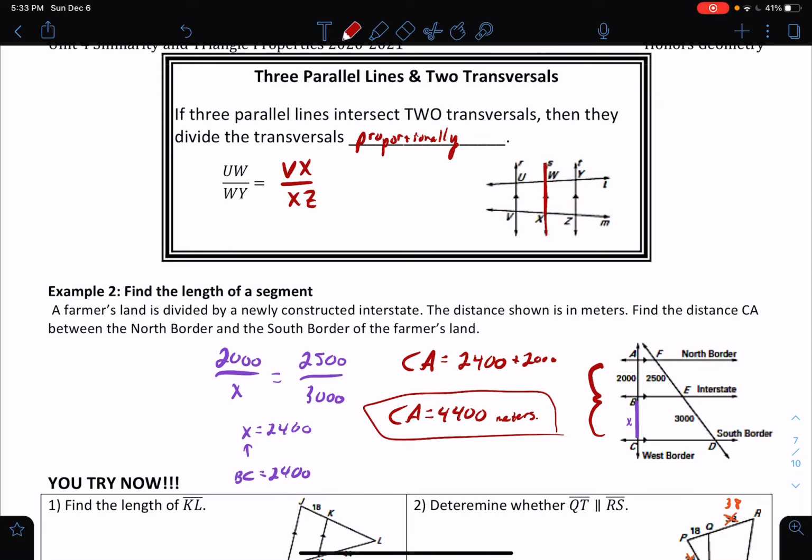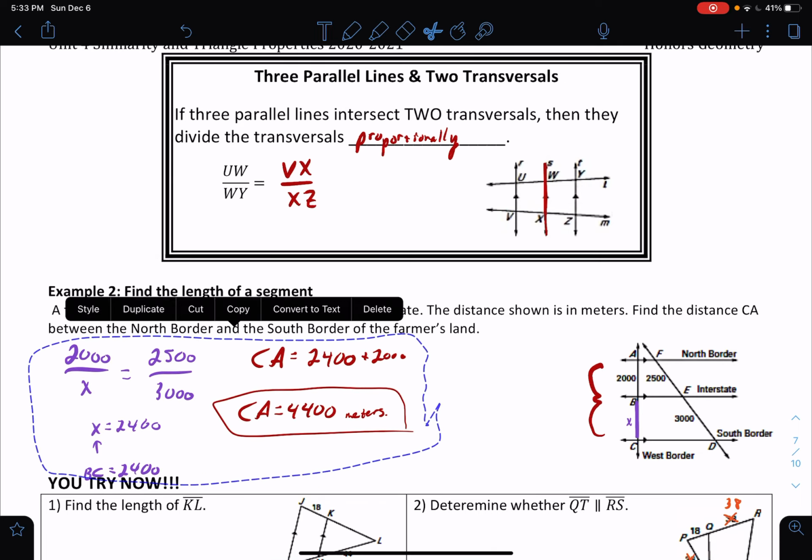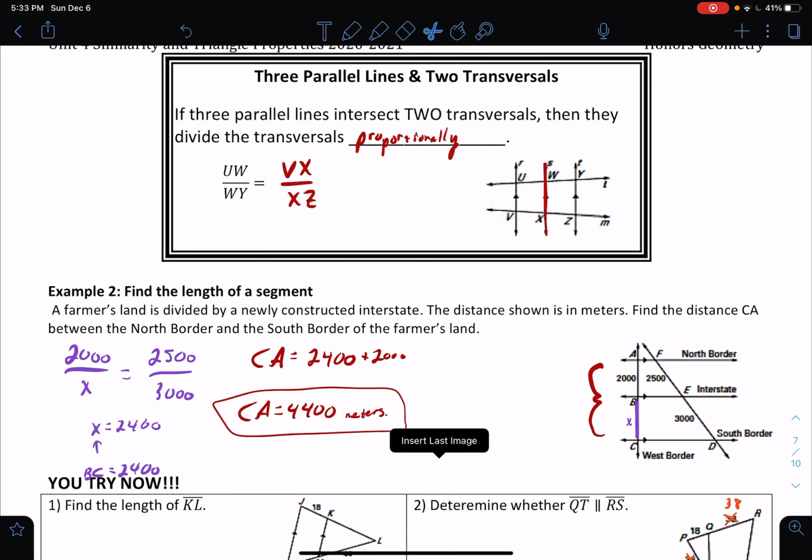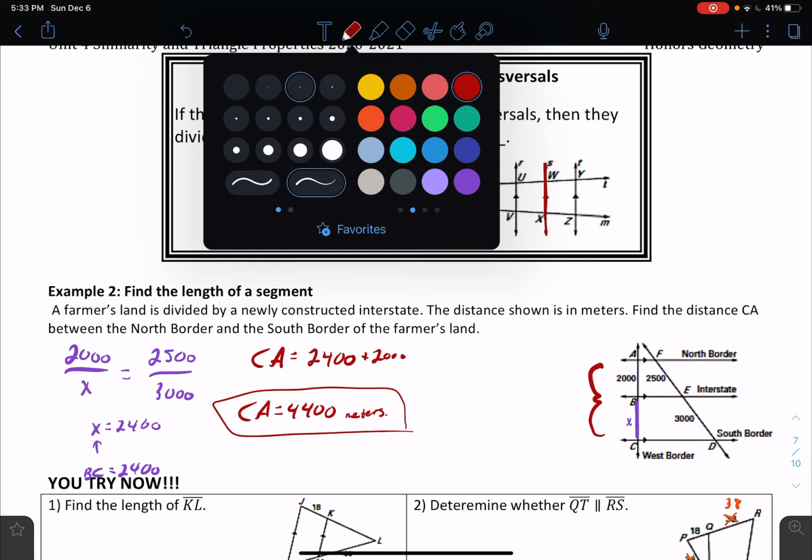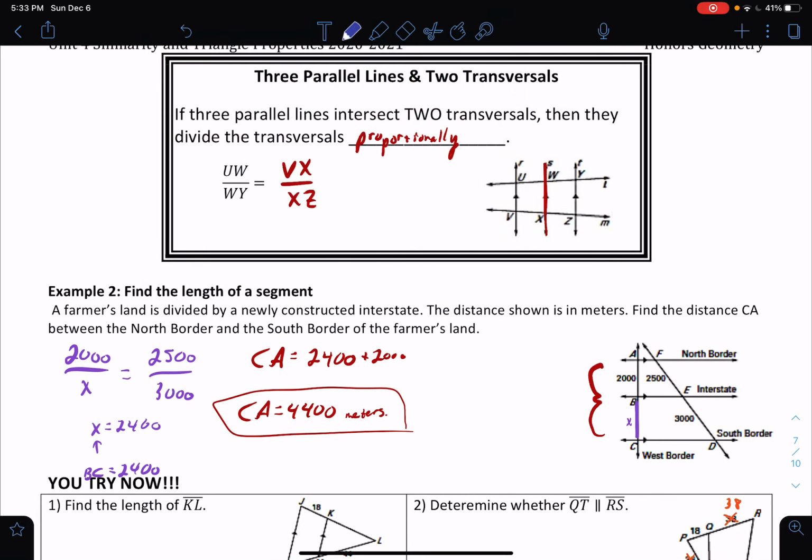All right, another way, and I'm just going to scooch this over smaller, just to show you the other way. The other way is what if we called the entire AC y?